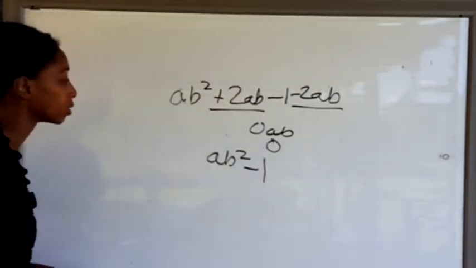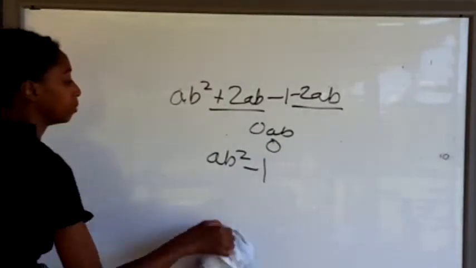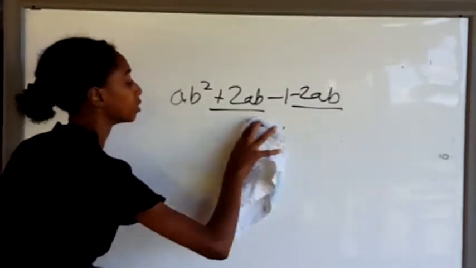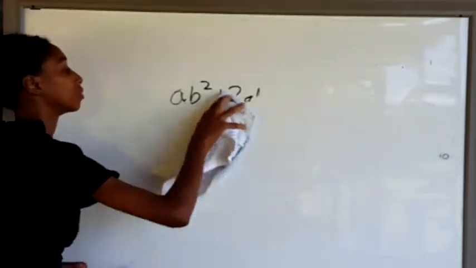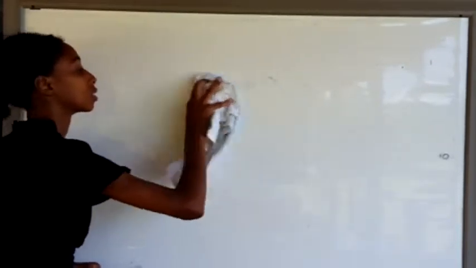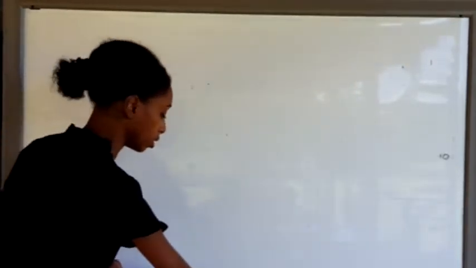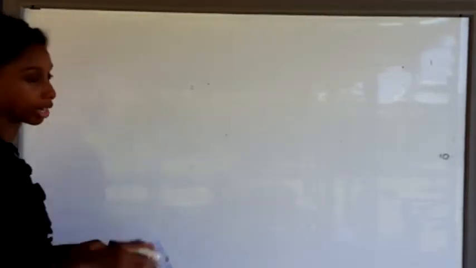And also, I want you all to start making sure you're writing your problems out in the correct order, putting the variable with the highest exponent first, and then going down.